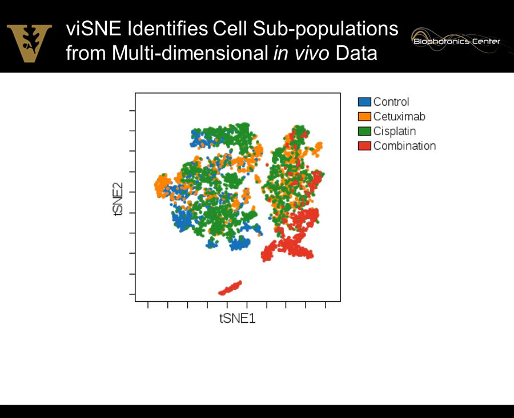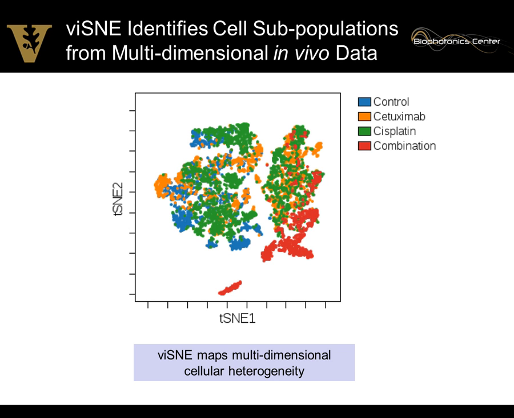But then if you look at the monotherapy, cetuximab and cisplatin, they are very heterogeneous, and they have overlap between control and the combination treatment group. So this conclusion is very similar to what I had for the heterogeneity index, but we have to use this kind of data reduction approach if we want to look at heterogeneity across all of our variables. And so we found this to be pretty useful.